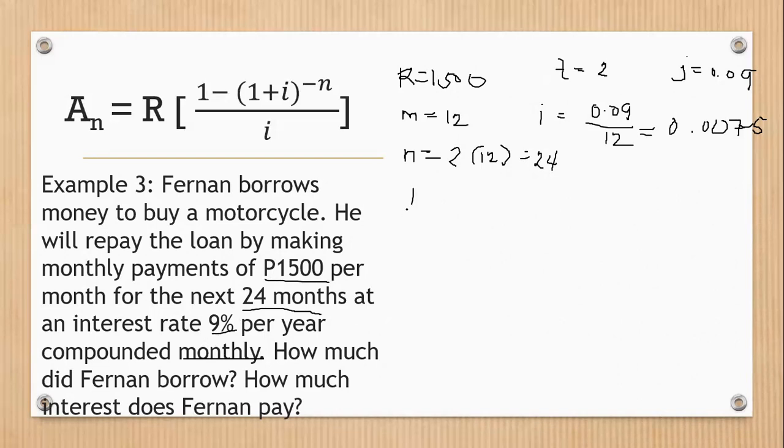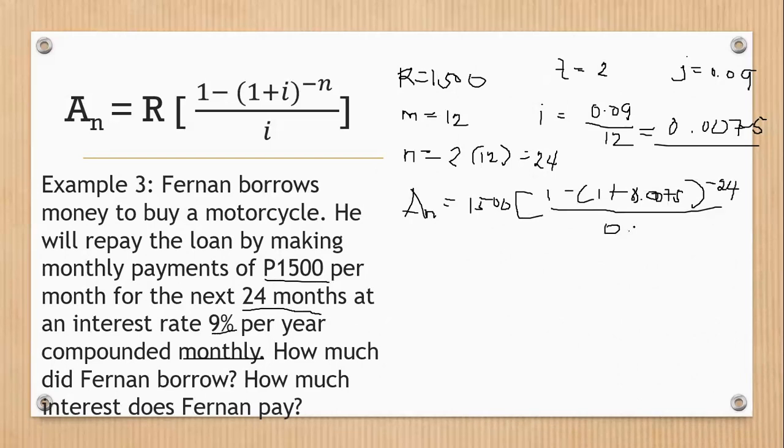So we can substitute to our formula. R po natin is 1,500. Quantity 1 minus quantity 1 plus our I, 0.0075. Raised to negative n, our n po is 24. Divided by our I, 0.0075.